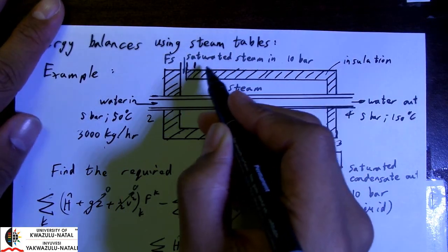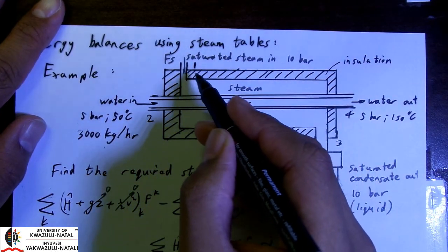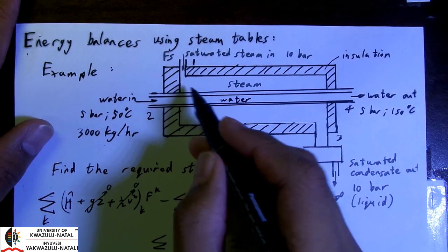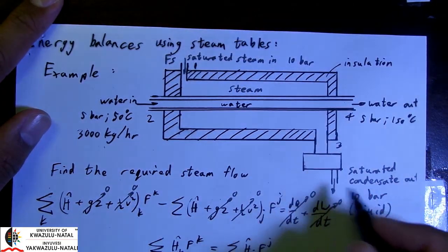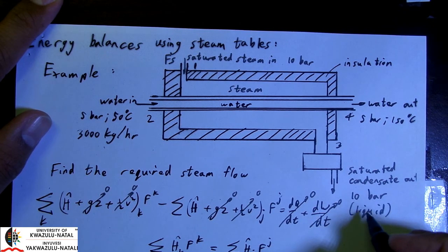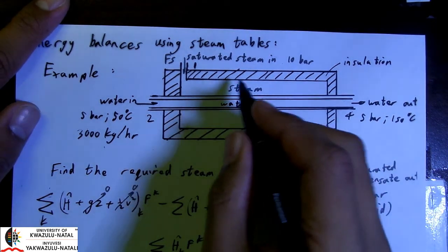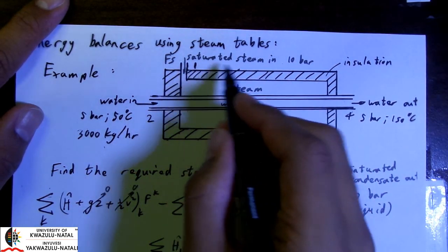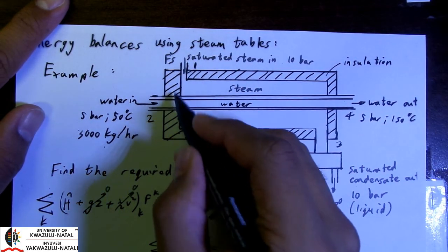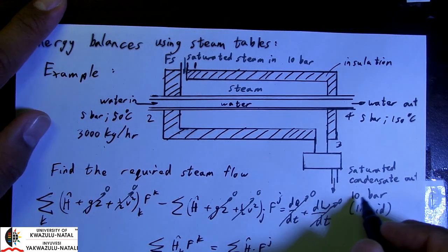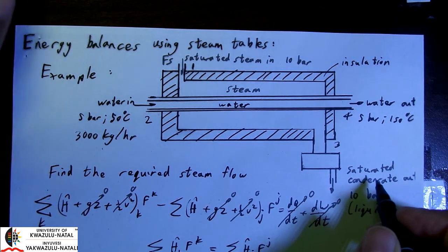Okay, so saturated steam comes in at 10 bar, and we have saturated condensate coming out at 10 bar. So effectively, the saturated vapor is giving off its latent heat and becoming saturated liquid as the output.